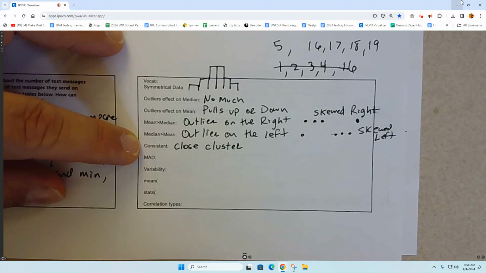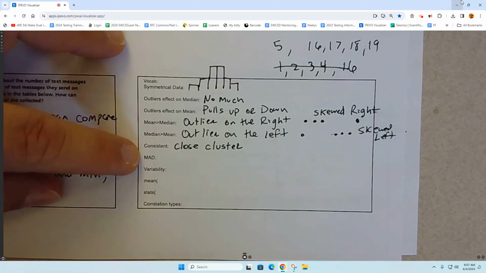Like 1. It'd be small, like 1. And our IQR would be what? High. Try again. Low. Correct. And for all of those, the lower the number, the closer the cluster.